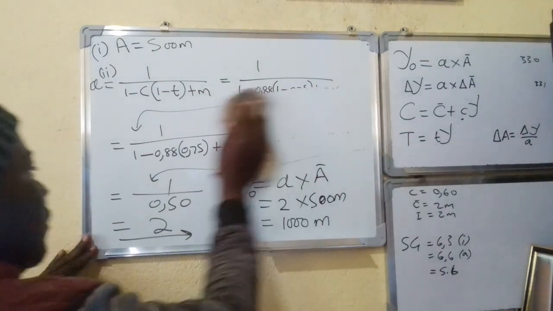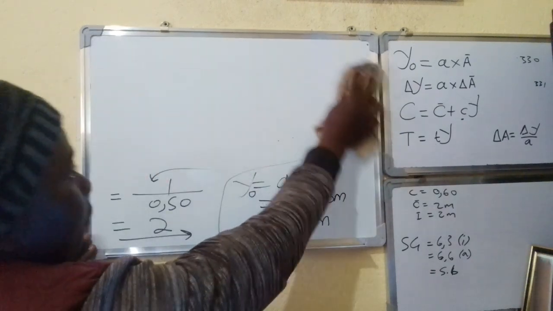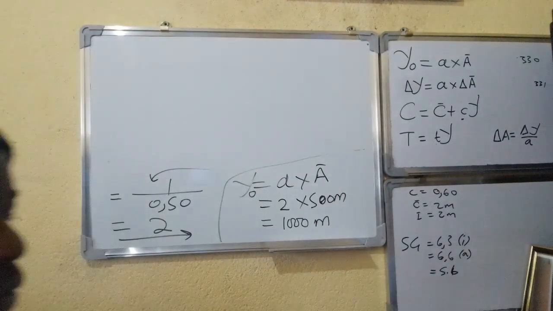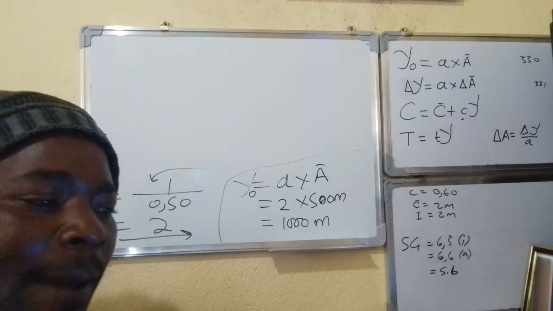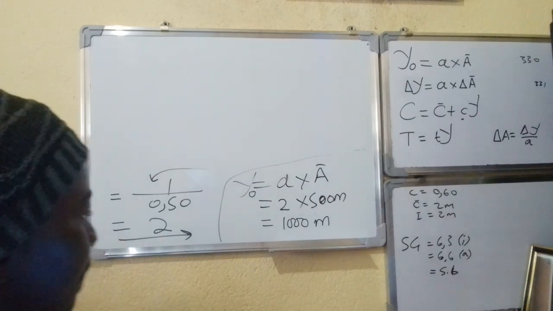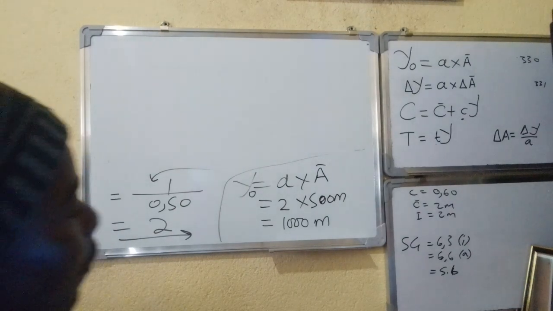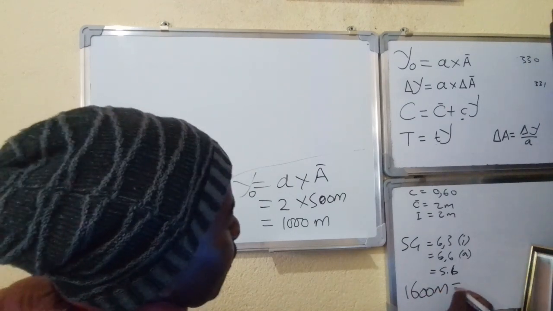Okay, let's come here. Now look, they are telling us that the full employment level of income, it's 1.6 million. This is YF.